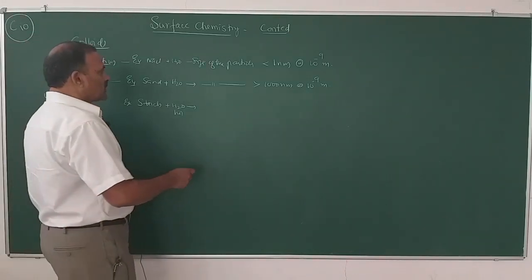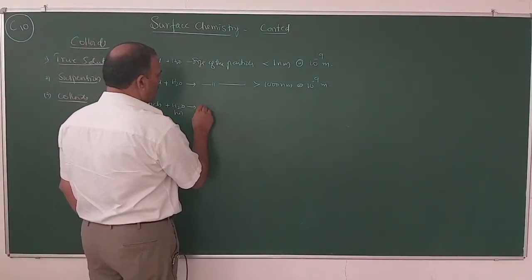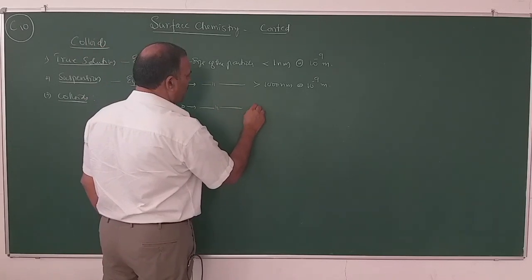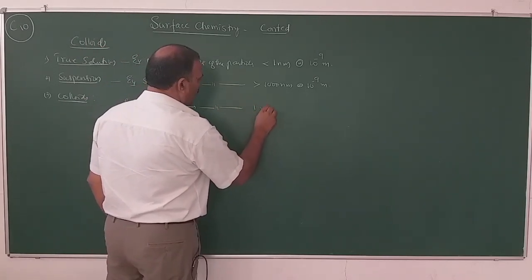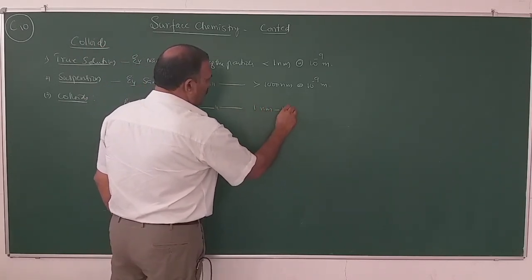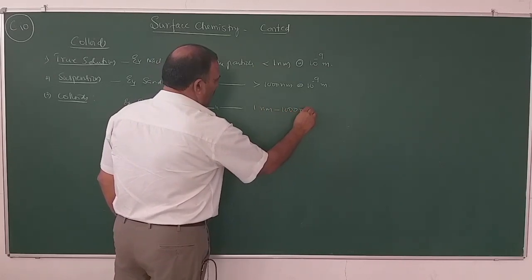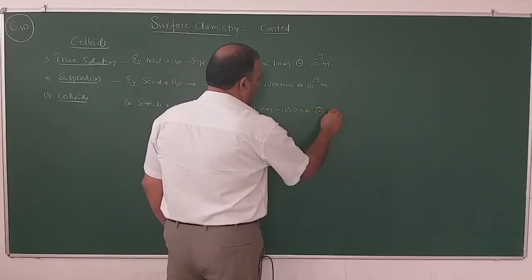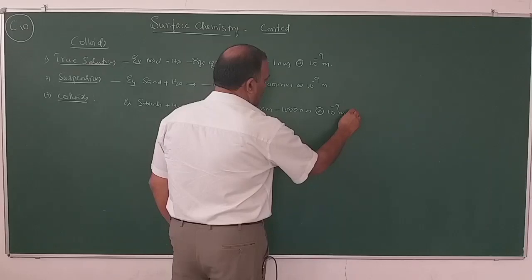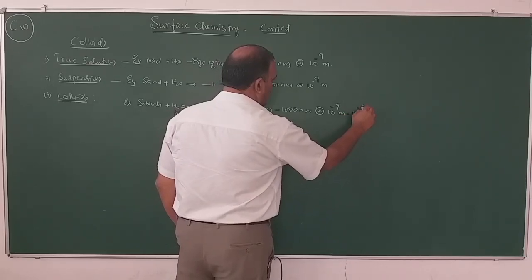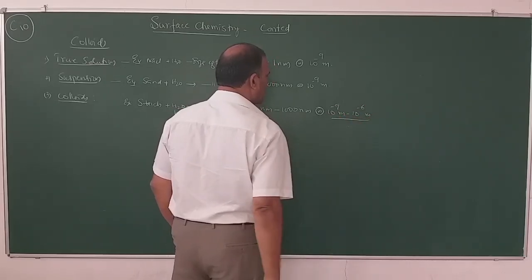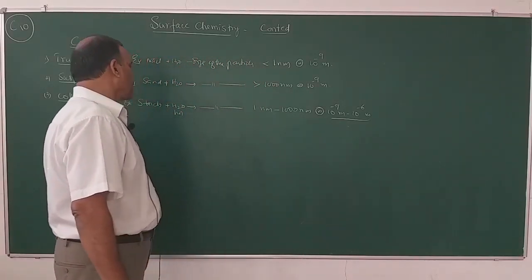In all these solutions, the size of the particle is between 1 nanometer and 1000 nanometer, or 10 to the power of minus 9 meter to 10 to the power of minus 6 meter. Here the size of the particle is very important.